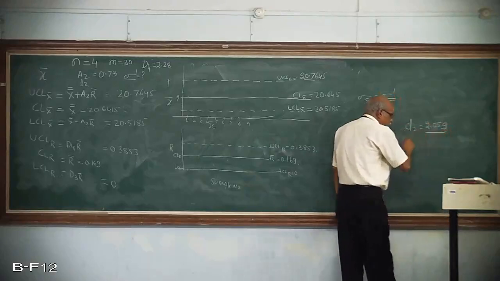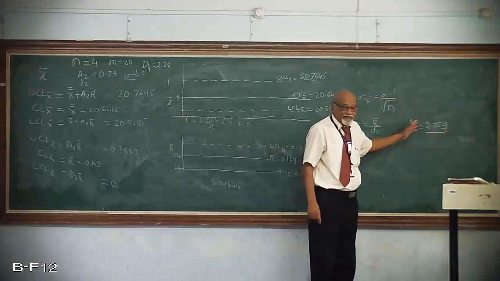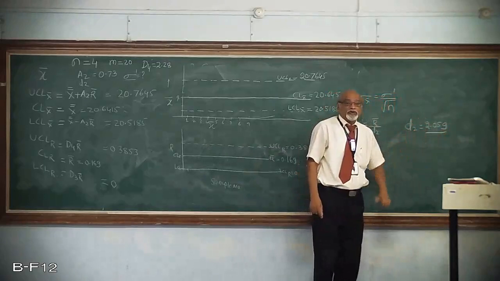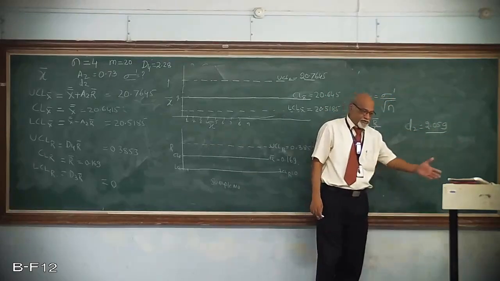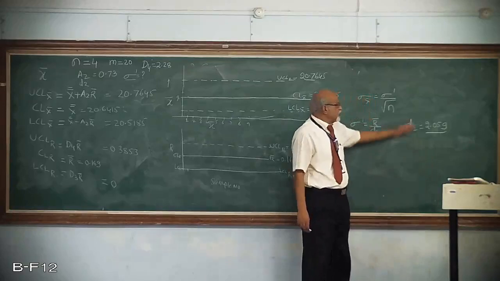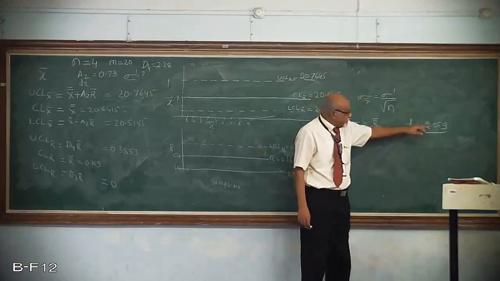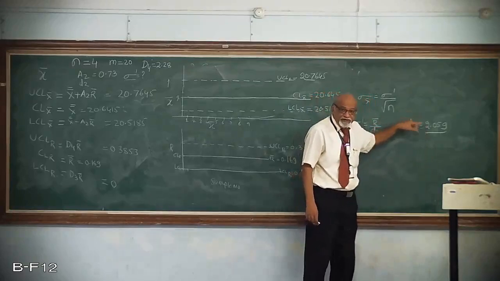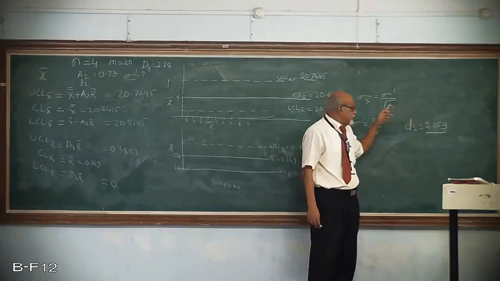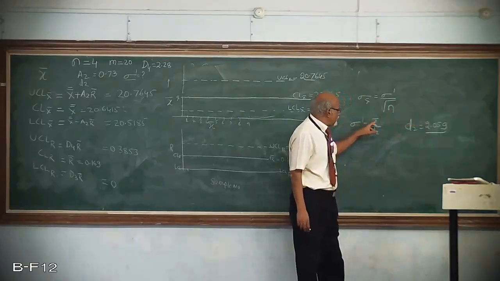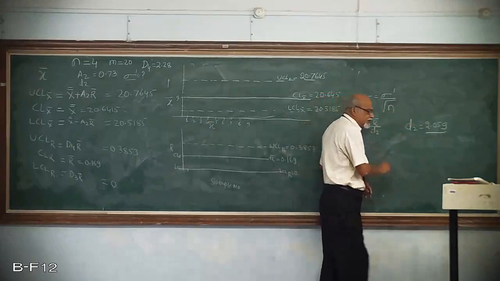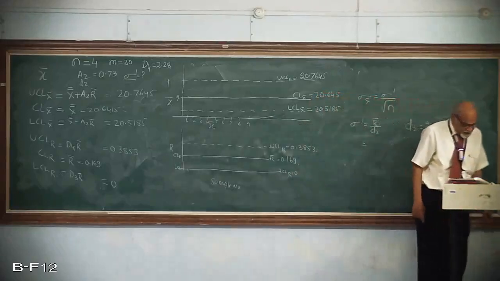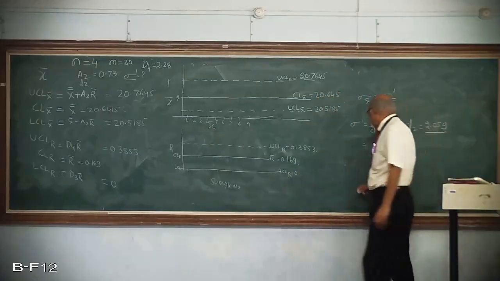Either this value is to be referred to the table of the given statistical tables, or it should have been given. It depends only on the sample size. Hence, we know R bar, we know D2, hence sigma prime is calculated, and it is calculated as 0.082.